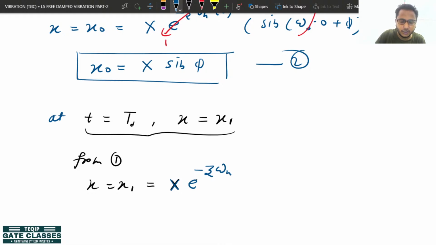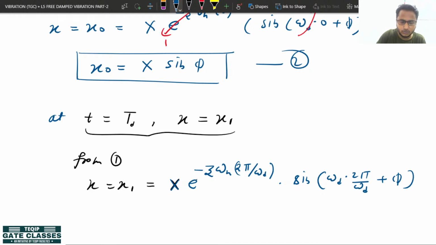What is the value of td? It is 2 pi by omega d, right? Multiplied by sine of omega d into td, where td is 2 pi by omega d, plus phi, right?